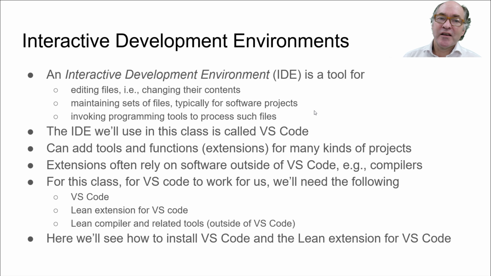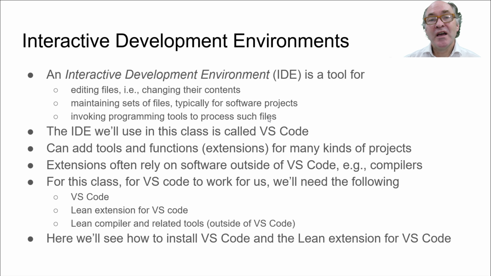Okay, so for this class, we're going to need a couple of pieces to make all of this work. We're going to need VS Code. We're going to need an extension for Lean that teaches VS Code how to interact with external Lean tools. And then we'll need the Lean compiler and other external tools that we'll install separately from the IDE itself.